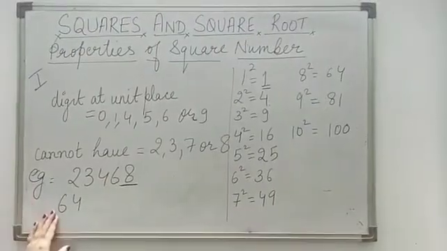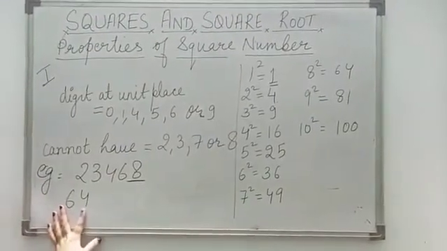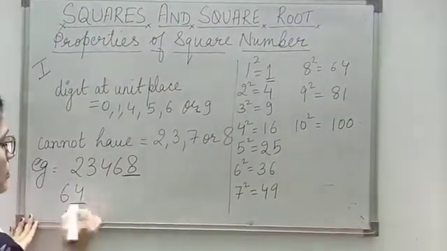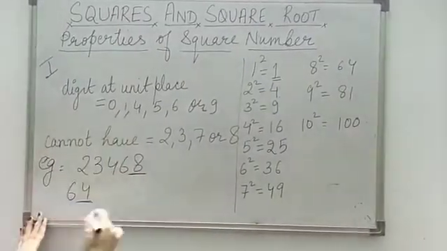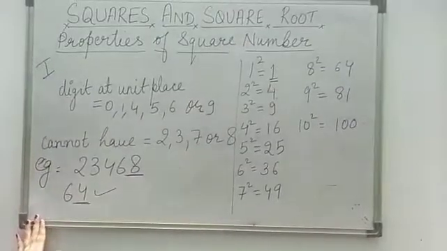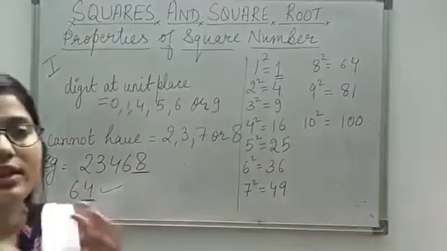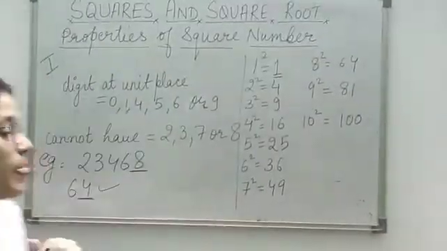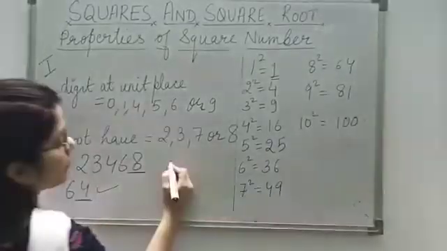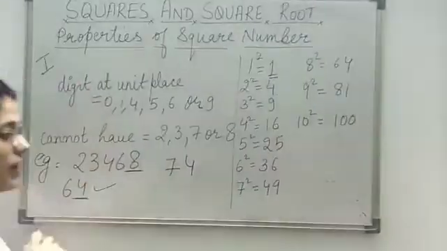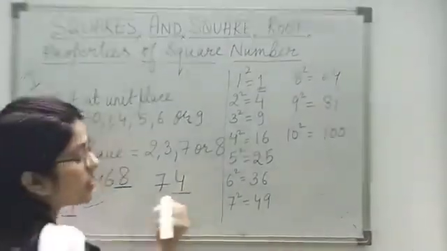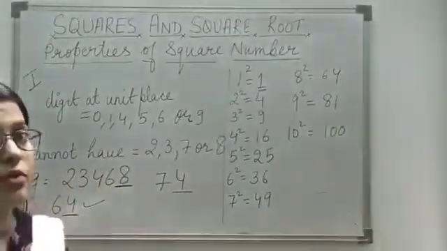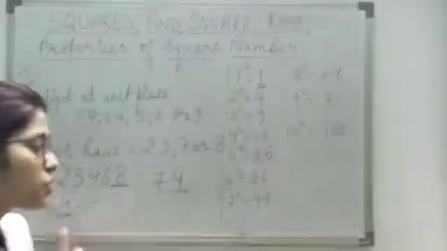Now if I take one more example, that is 64. You can observe the unit place is 4. So if the unit place is 4, then 64 is a perfect square. But children, here one caution is there. If I take 74, 74 also has the unit place 4, but 74 is not a perfect square.